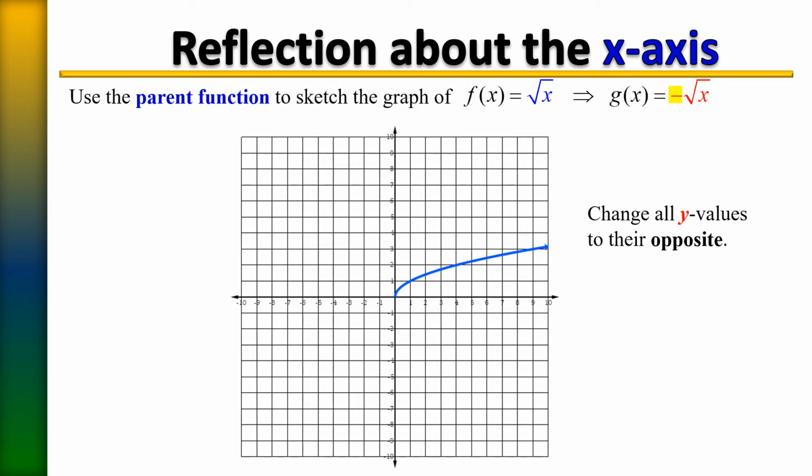So for example, let's take a few points here on the graph. We can take the ordered pair of 1, 1 and the ordered pair 4, 2. Let's just work on those two.